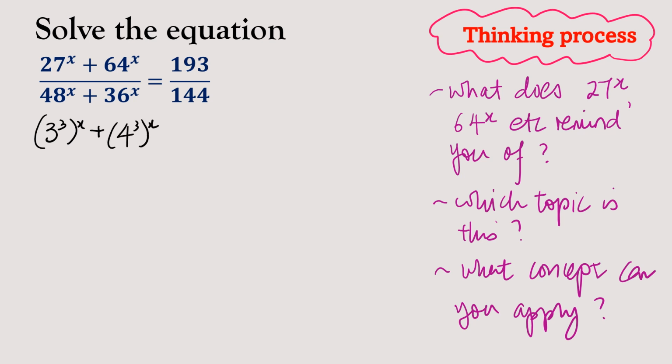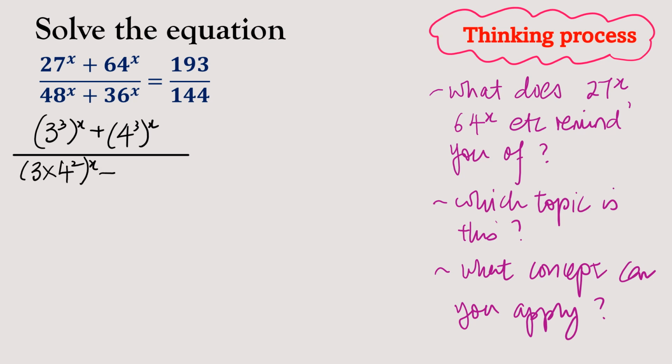Now, why do you want to write 27 as base 3? And why do you want to write 64 as base 4? How is it connected to 48 and 36? Right, 48, we can actually further break it down into 3 times 4 squared.